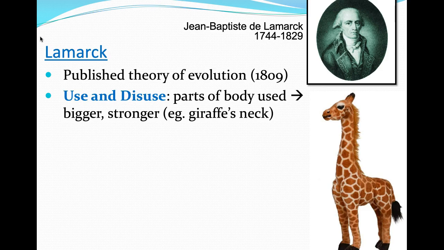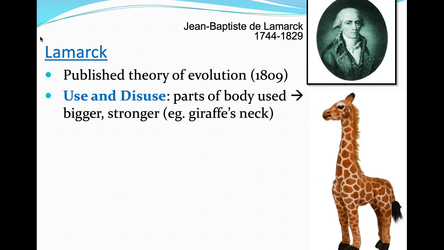So the idea was that the giraffe would stretch its neck over and over again to reach parts of the tree to be able to eat, and over time the neck would become bigger and stronger by its use. Now, something that was not being used, or disused, would deteriorate and possibly no longer be there, whatever physical characteristic that could be.